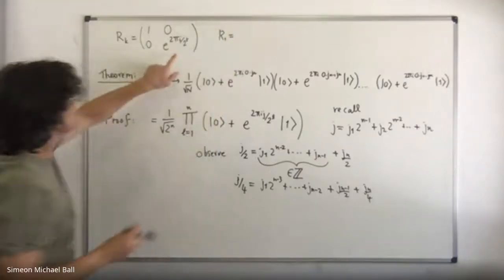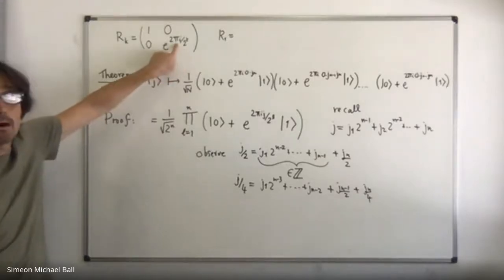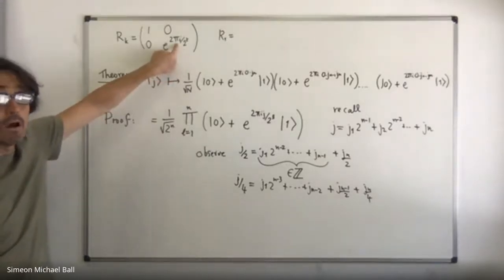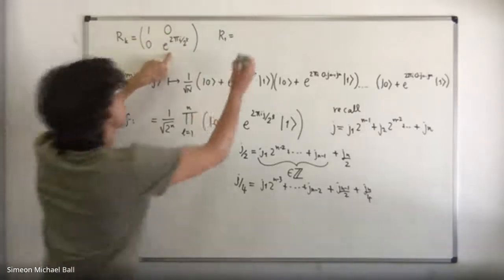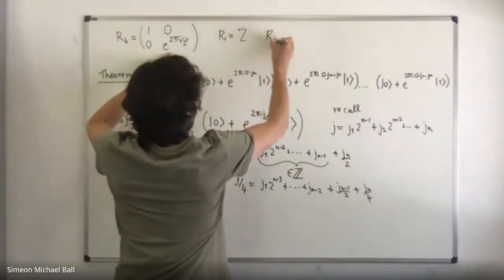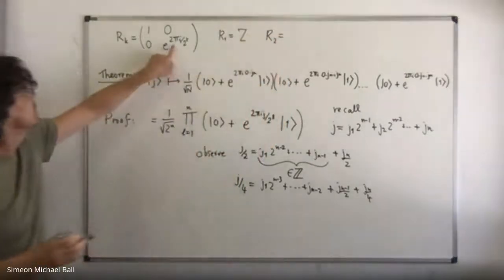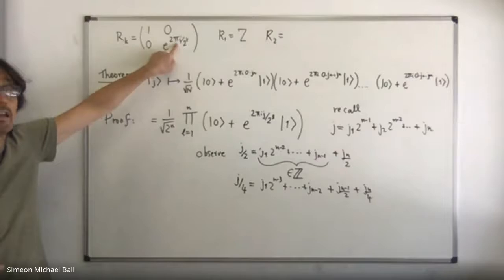Okay, so this means that R1, if we've got R1 here, that's e to the 2 pi i divided by 2, e to the pi i, which is minus 1. So I'll have 1, 0, 0, minus 1, which we know is our favorite Z. R2, here you get e to the pi i divided by 2, so that's i.